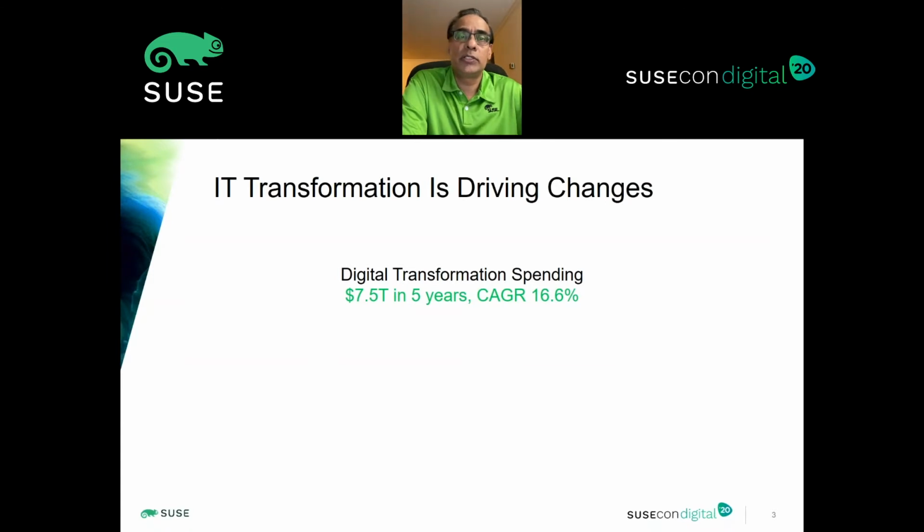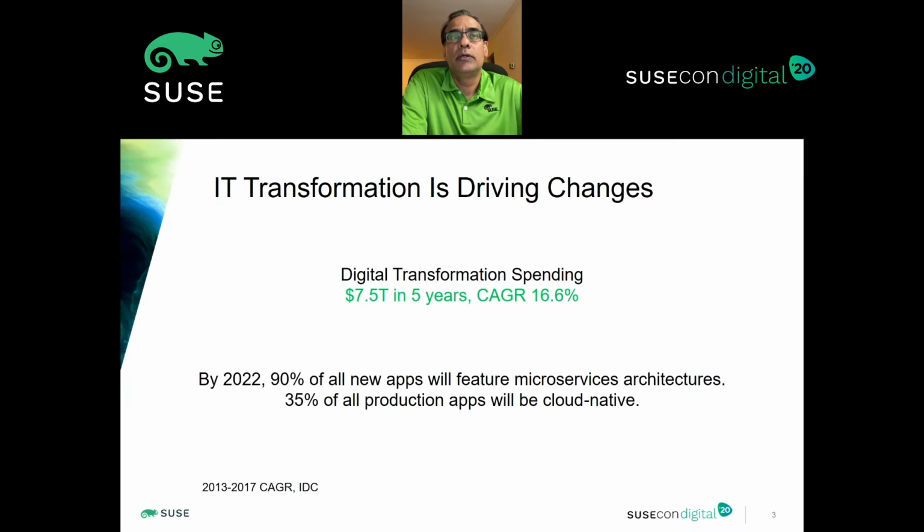Spending on digital transformation is increasing a lot. It's increasing in double digits, and these numbers are huge. What that means is it's impacting pretty much all the organizations that are involved with some kind of IT. And 90% of all new applications will have some kind of microservices architecture. So what does that mean?